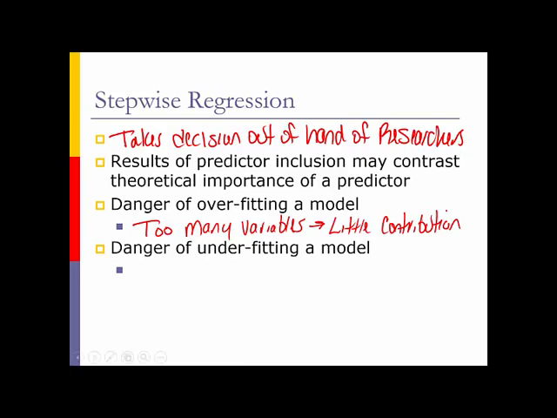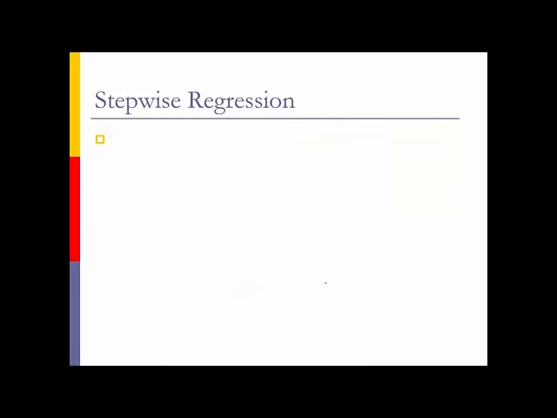You could also underfit a model, right? Now you're leaving out predictors. So stepwise has a lot of pros and cons with it, but the best thing to do is go ahead and avoid stepwise regression.